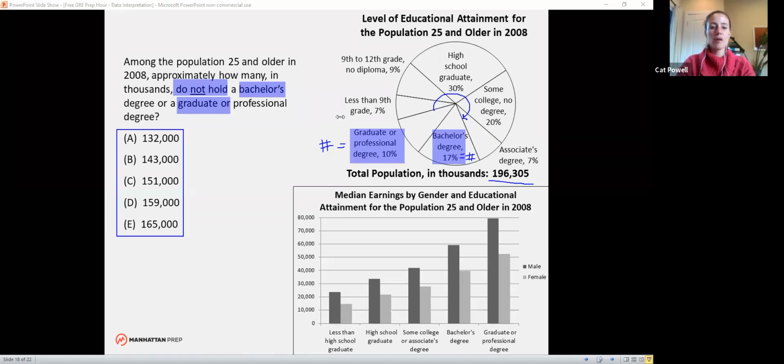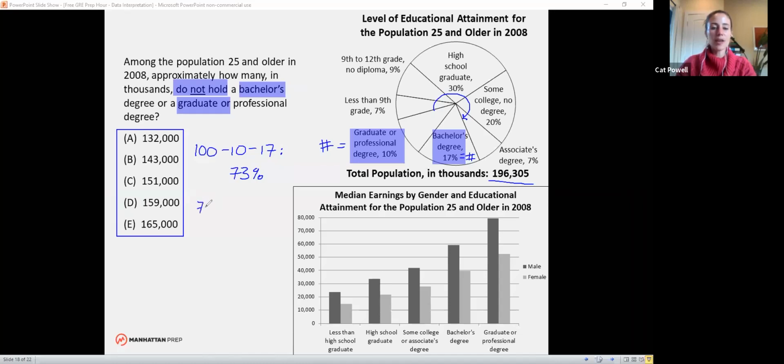If I say, okay, I'm going to take out the 10%, take out this, so 100% minus 10% minus 17%, I'm going to get 73%.